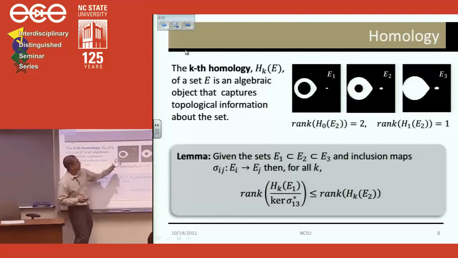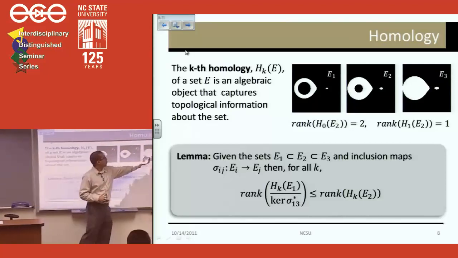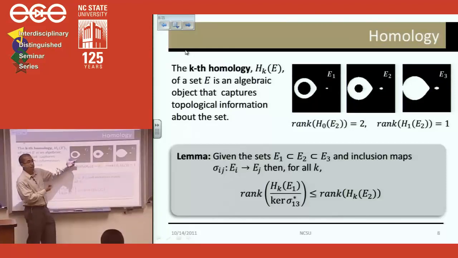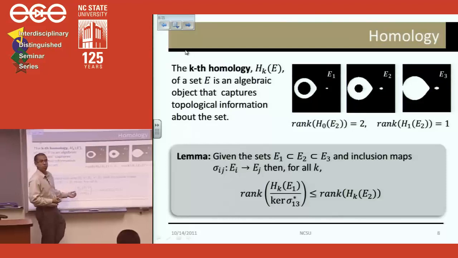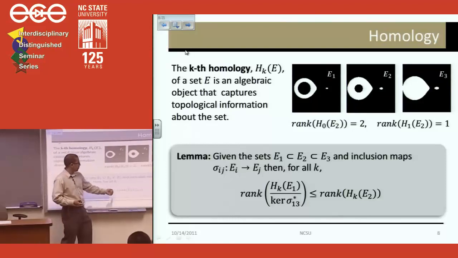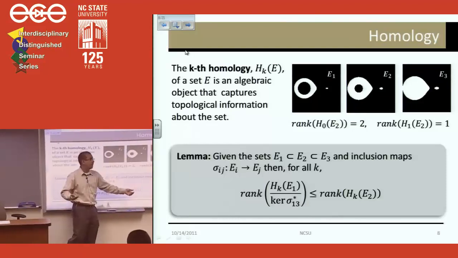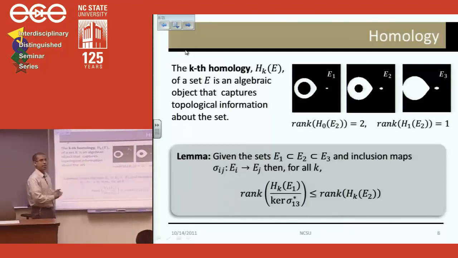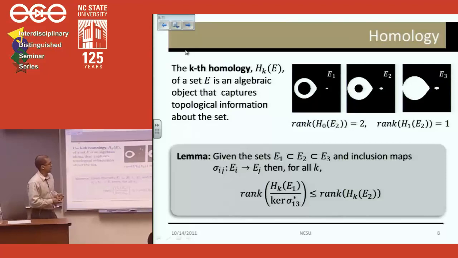For this particular example, there are two connected components in E3, which are also present in some form in E1. So that rank would be 2. And that 2 has to be less than or equal to the rank of H0 of E2 in this particular case, which is again 2. So the equality actually holds for this case. That's just one very simple example.